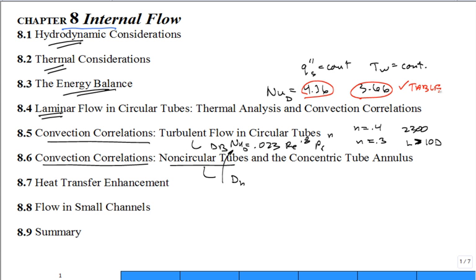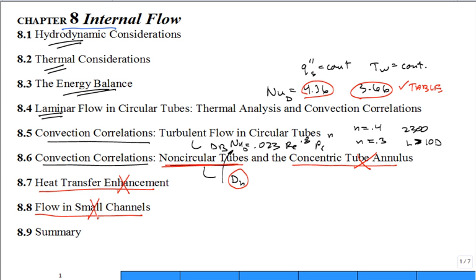But if you have a non-circular tube and it's turbulent, use the hydraulic diameter. Okay, I'm not really covering concentric tubes, really not covering heat transfer enhancements. It's important, we just don't have time. And we're not covering flow in very small channels, microchannels.